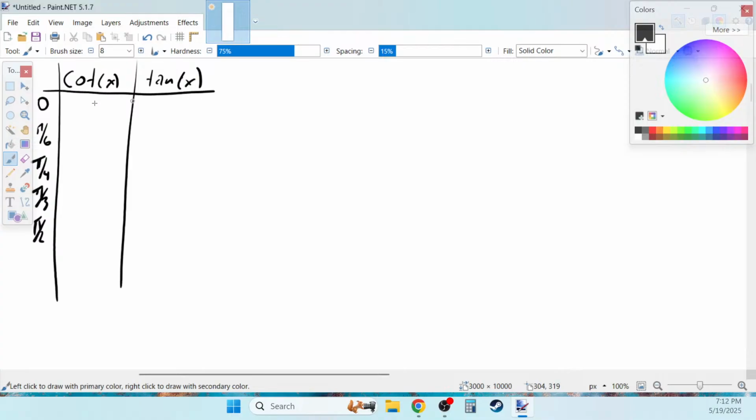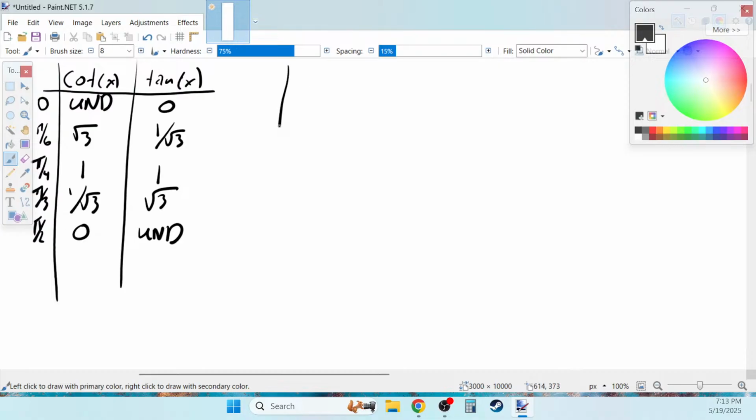Our special values for tangent are 0, then 1 over the square root of 3, 1, the square root of 3, and it's undefined after that. For cotangent, we start off undefined. At pi over 6, we have a value of square root of 3. Then we have 1. Then we have 1 over the square root of 3. And then we have 0.